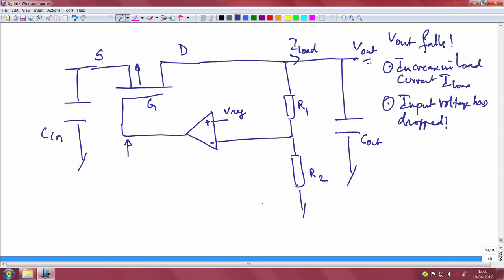Now if V out drops, Vg, this gate voltage, is brought down, is lowered with respect to V in, nothing but the source point. So you can see that this is what ultimately PMOS series pass element control is all about.